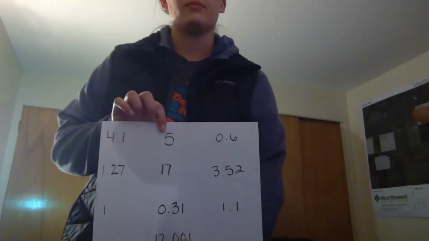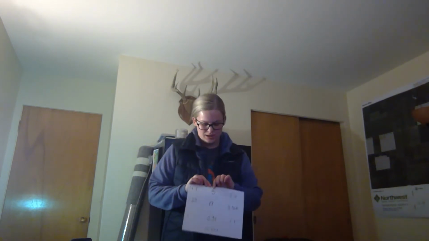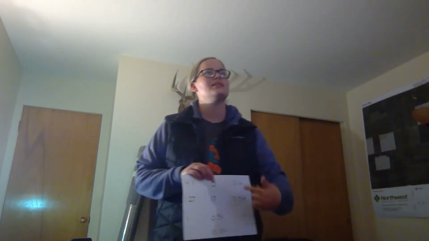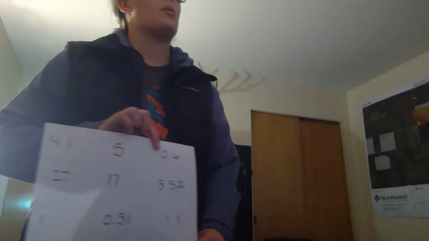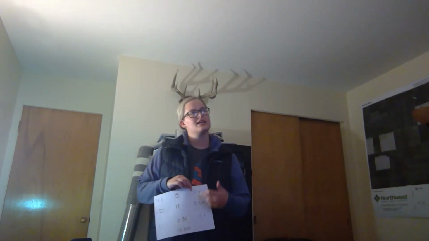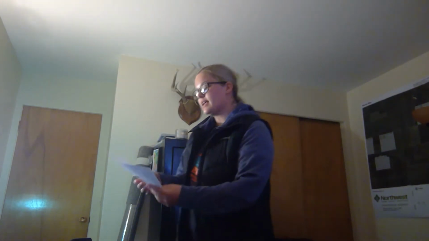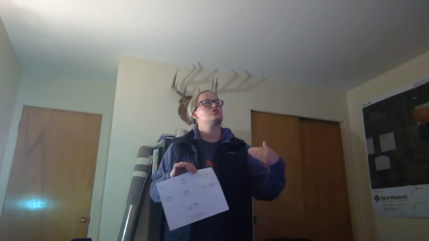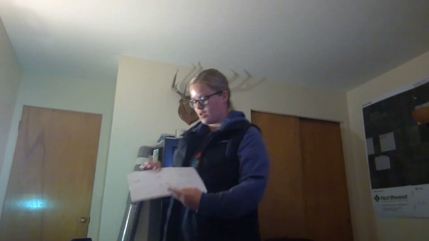What about this middle number, 5? No, it's not a decimal number because there is not a decimal point or digits to the right of the decimal point. What about this one, 0.6? It's a decimal number because we have the decimal point and a digit to the right of the decimal point. And it can have multiple digits to the right, but as long as there is a digit to the right of the decimal point, it's a decimal number, okay?